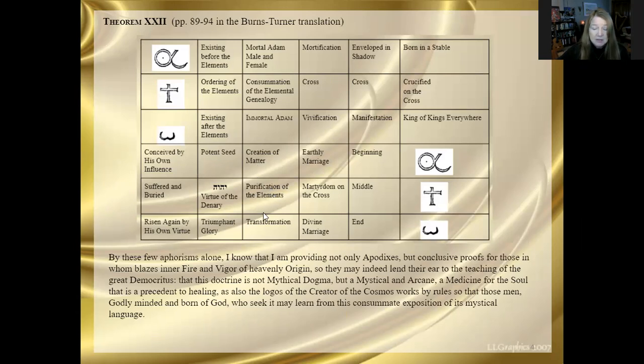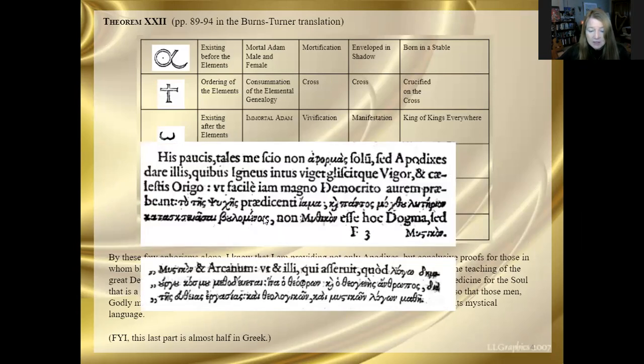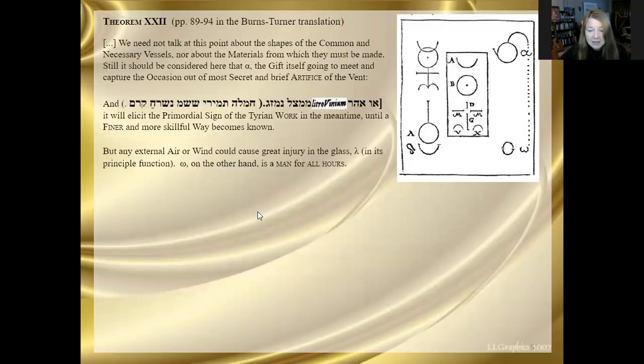Now note, these things he says at the end, which we're not going to talk about till the next installment, in fact our final class on Theorem 22, that last part is almost half in Greek, and it's not easy to read Greek, but they are words, so it can be translated. Now, let's look at this particular part here.